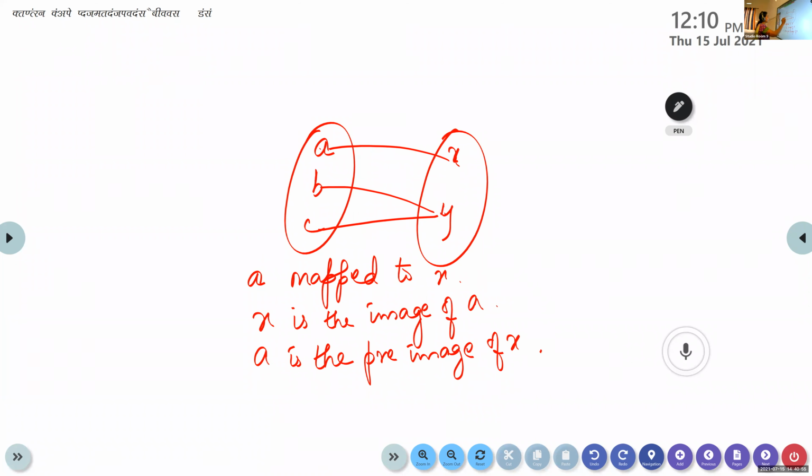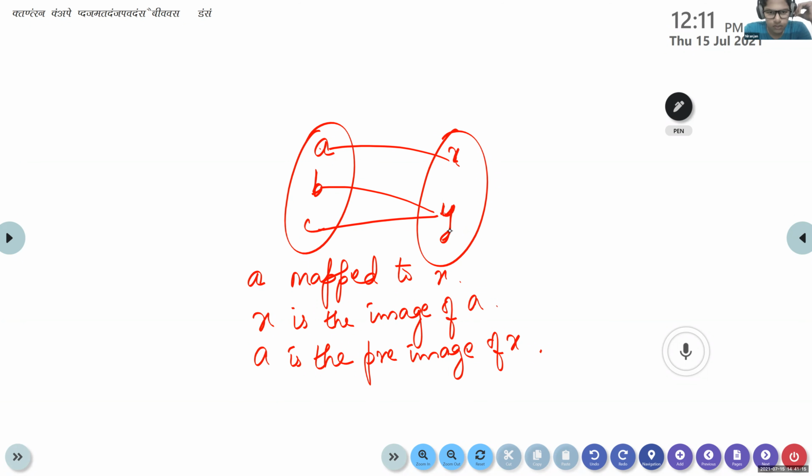Now, if I take the element B, what is the image of B? Image of B is Y. What about the image of C?